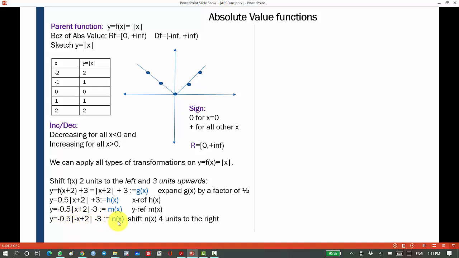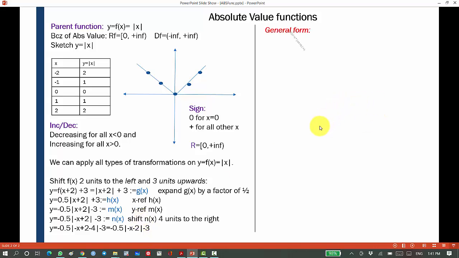Let's name this n of x. Now shift n of x 4 units to the right. For that, what we do is we add minus 4 here. As a result, we get minus 0.5 times the absolute value of minus x minus 2, minus 3, which is obtained by shifting the function n of x 4 units to the right.